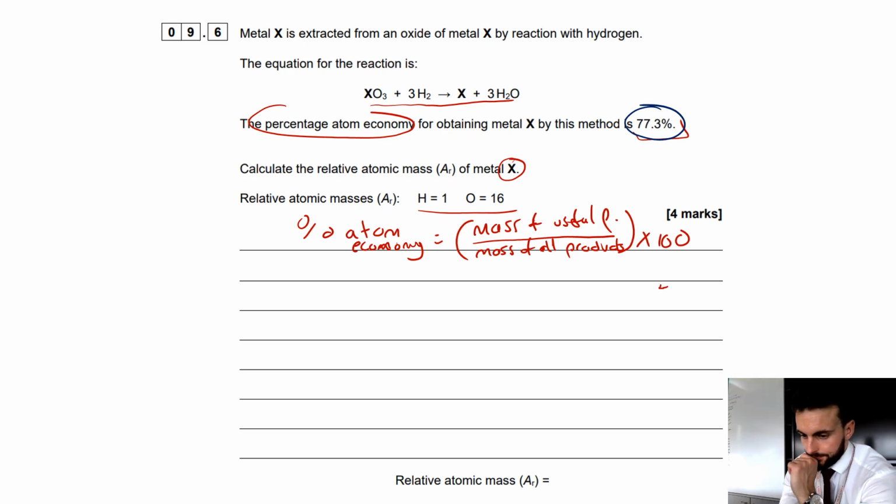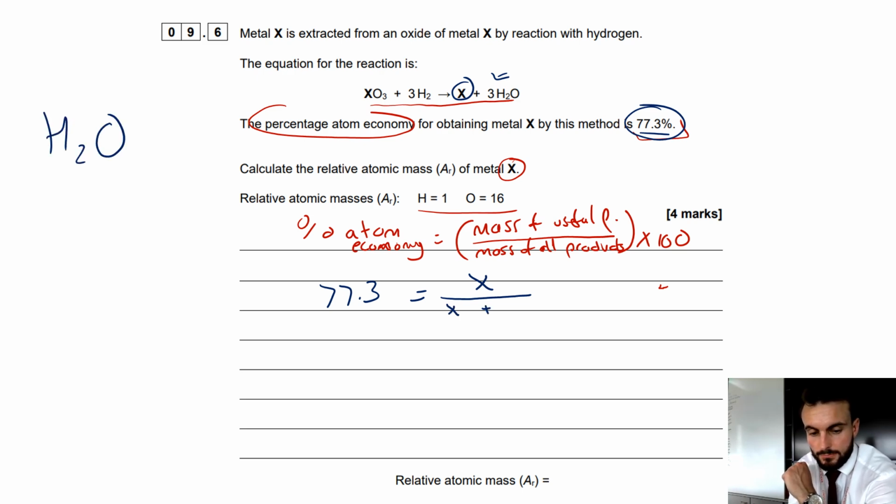So first off, our percentage atom economy in this question is 77.3%, equals the mass of our useful product, which is whatever the mass of X is. We don't know what it is because that's our useful product. So it's going to be X divided by whatever the mass of all of the products is, which is going to be X and waters added together. So X plus whatever 3 waters is.